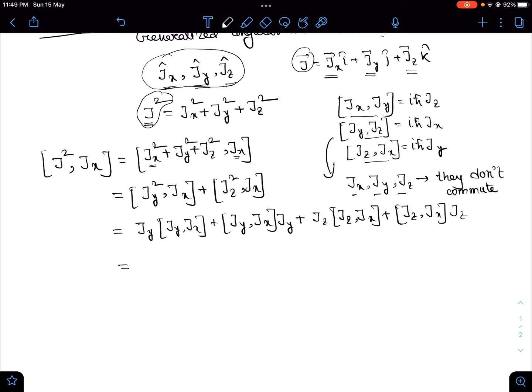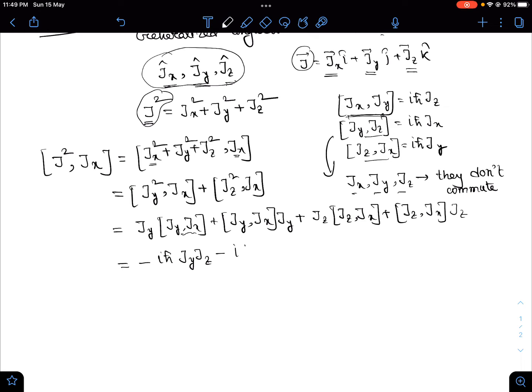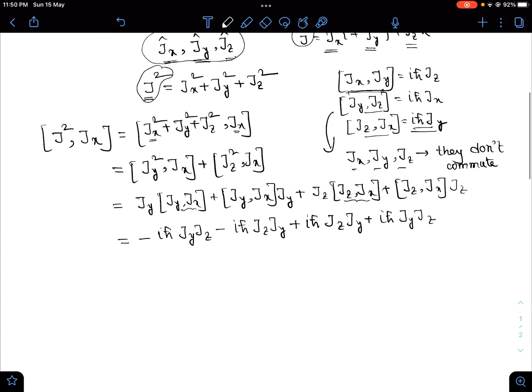Now [Jy, Jx] is the negative of [Jx, Jy], so it will be minus i h-bar Jy Jz, and from the second one we also get minus i h-bar Jz Jy. From [Jz, Jx] being i h-bar Jy, it will be i h-bar Jz Jy plus i h-bar Jy Jz. So we can see that these terms cancel out, and this is 0.